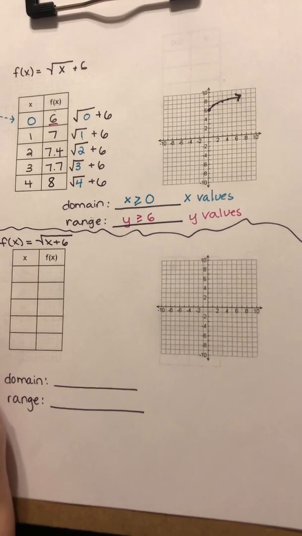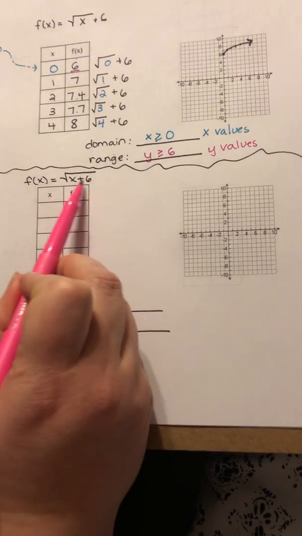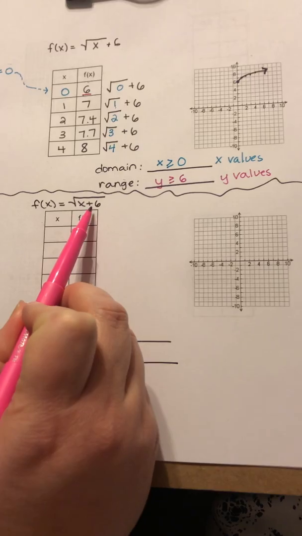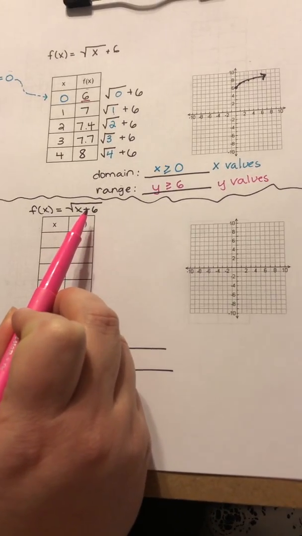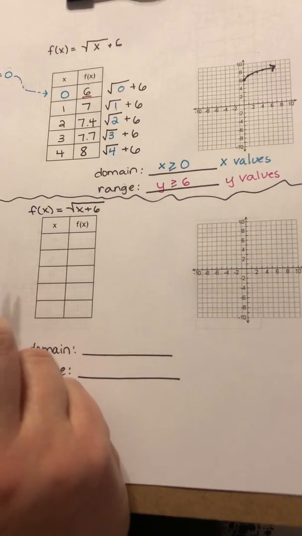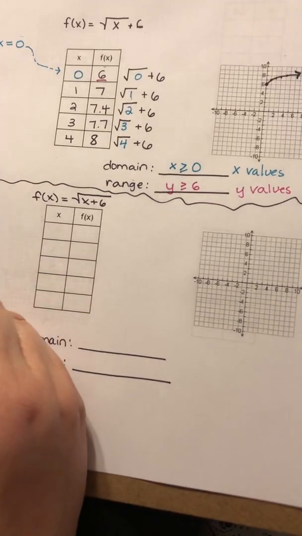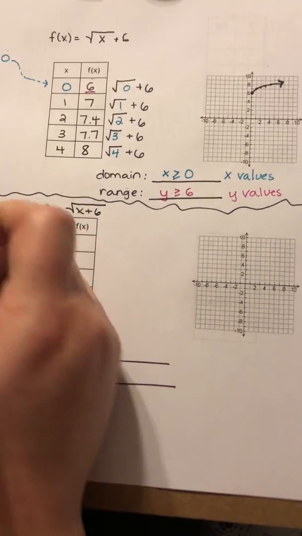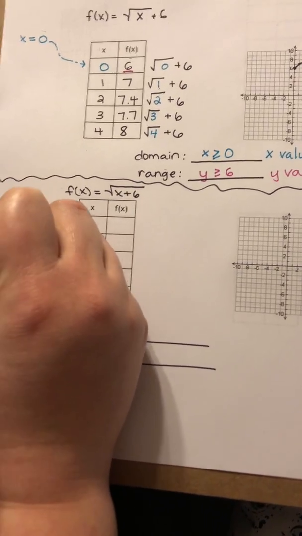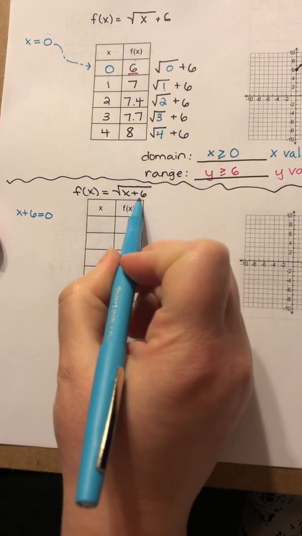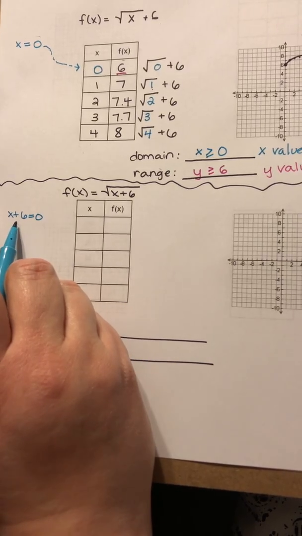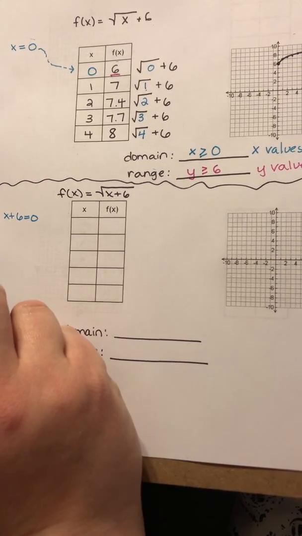So I want to do one more example where this time we're going to put the +6 underneath the radical instead of having it outside, and see how that changes our graph. So our process is going to stay the same. We're going to start by doing x + 6 and setting it equal to 0. Remember, anything under the radical, set it equal to 0, and that gives you your starting x value.